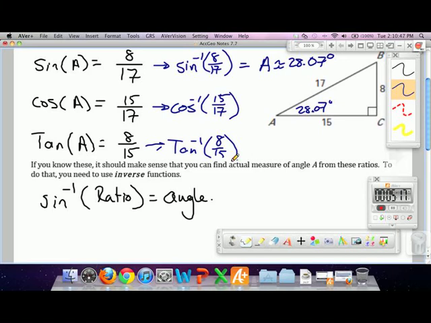Now, as I said the other day, it's probably even more important right now to make sure your calculator is in degree mode and not radian mode. If your calculator is in radian mode, then the angle you get out will be measured in radians, which is cool if you know radians.